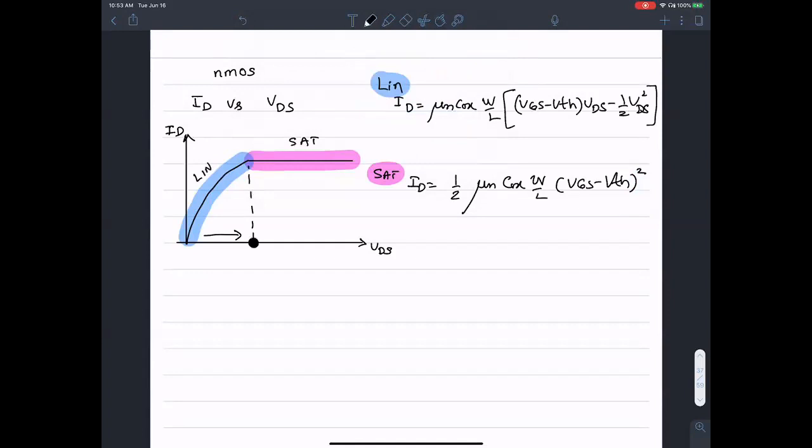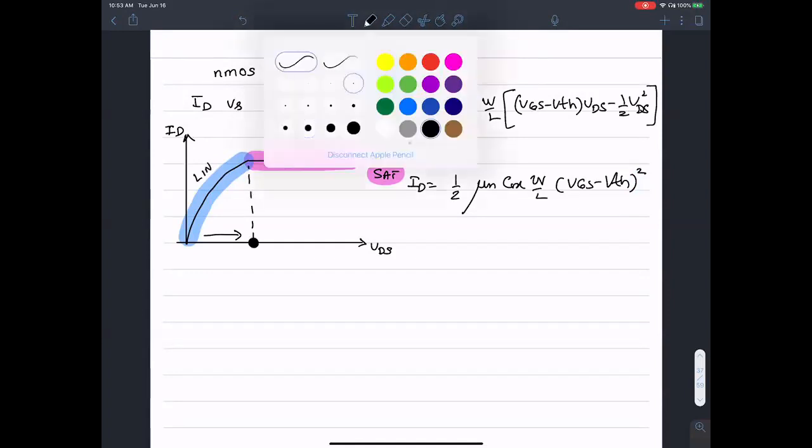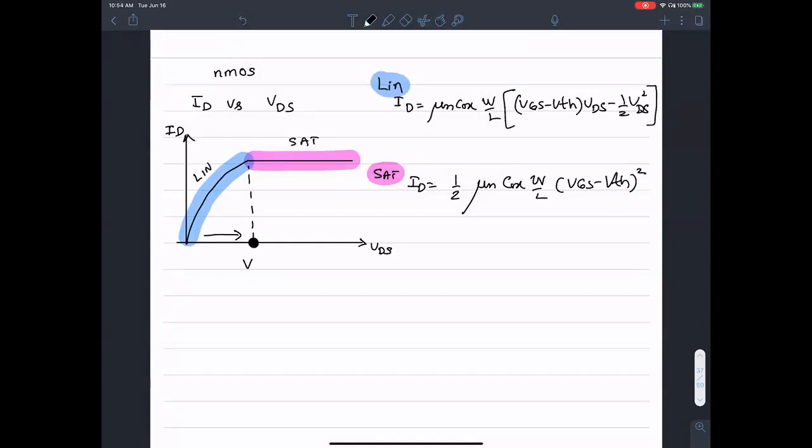This is where VDS is exactly equal to VGS minus V threshold. Towards the left of it is linear, towards the right of it is saturation, and exactly at that point is the edge of saturation.